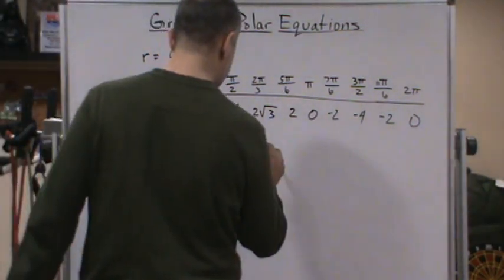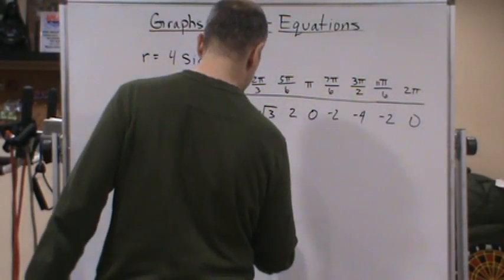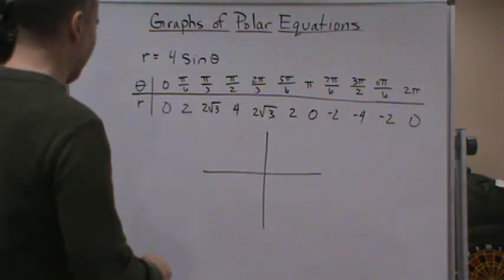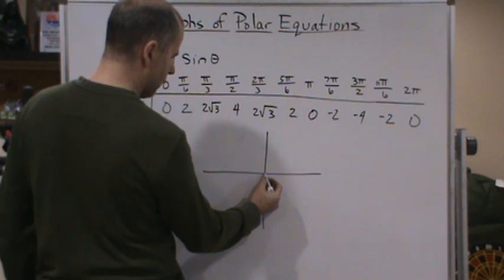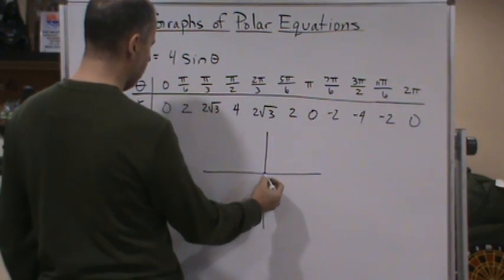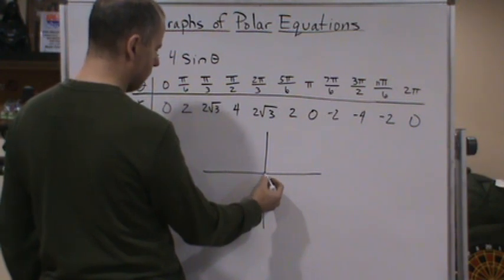Okay, and so how would we graph this? Think of it this way. Here's our graph. At 0, we're at 0. And then at pi over 6, at 30 degrees, we're at 2.